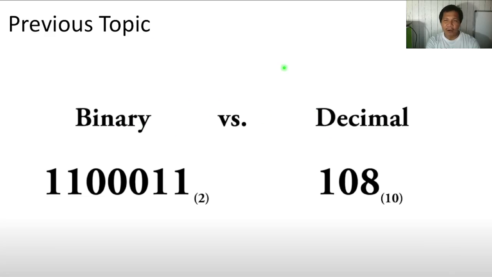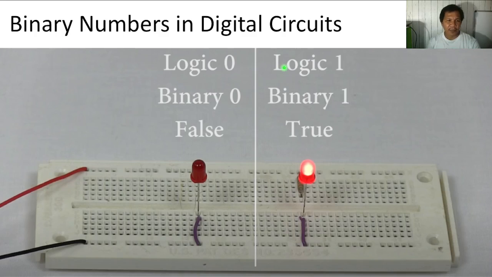Now, speaking of binary numbers, we can represent a binary number as logic 0, or we can call it binary 0, or for representation of logic 0 using an LED, it is actually an off LED.